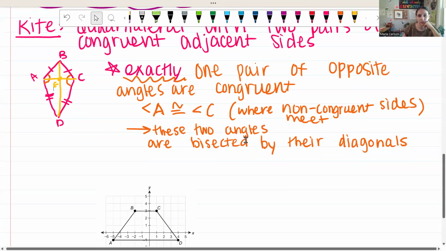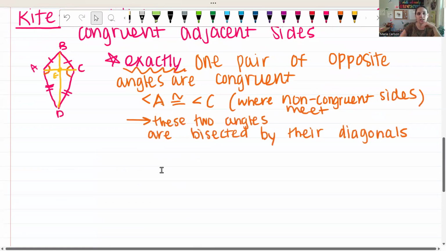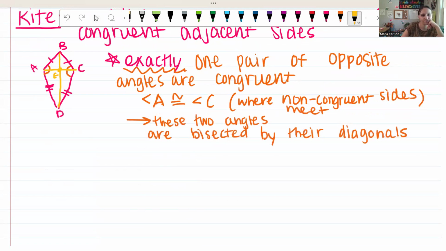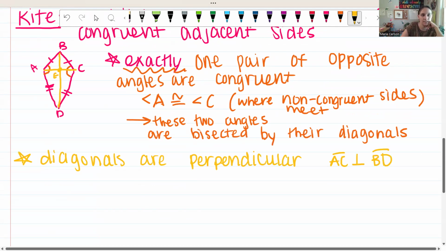Another neat thing about kites is that their diagonals are perpendicular to each other. So the two segments themselves, AC and BD, are perpendicular, which means these angles, AEB, BEC, CED, are all 90 degrees.